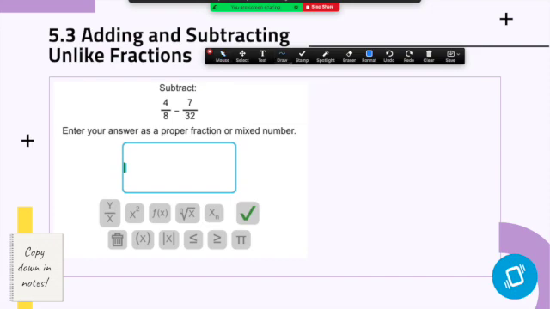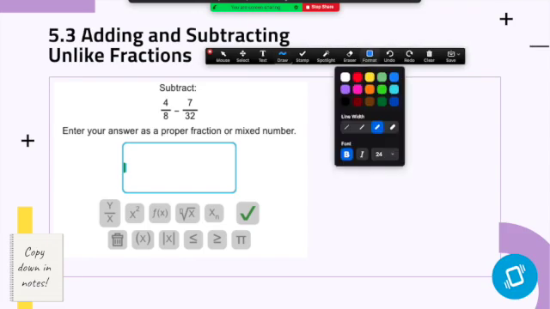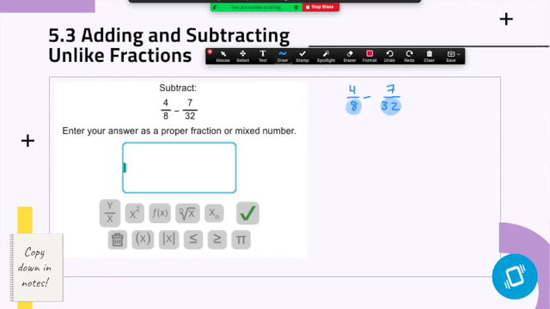Okay. So if we have here 4/8 minus 7/32, the first thing that I want to do is make sure that my denominators are the same number. So I need to find a number that multiplies to equal 32. I do know that 8 times 4 equals 32. Now whatever I multiply on the bottom, I have to multiply on the top.